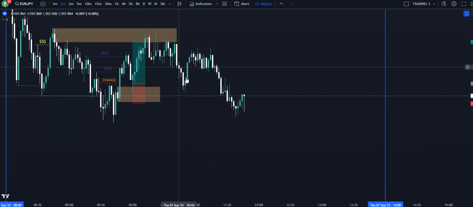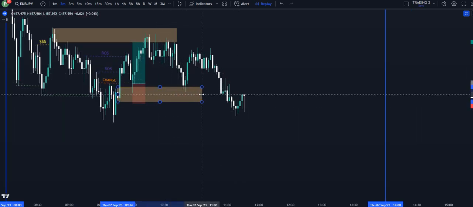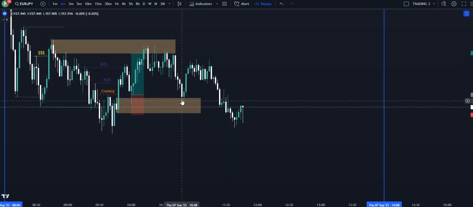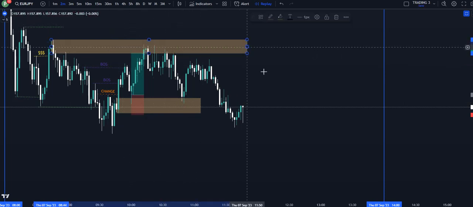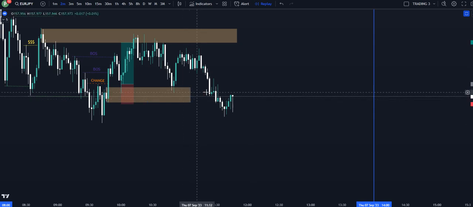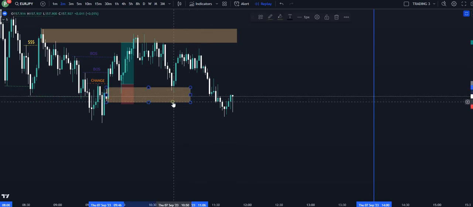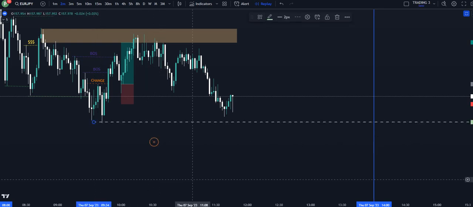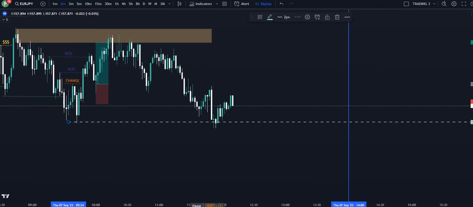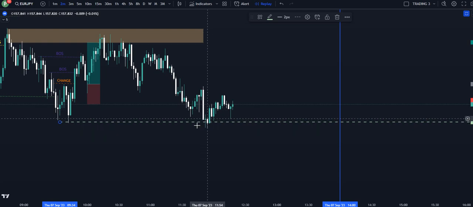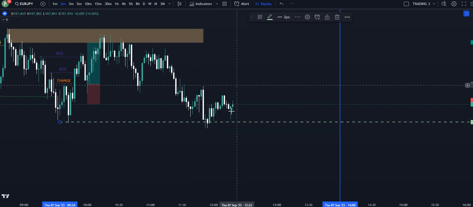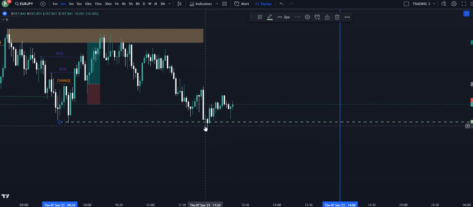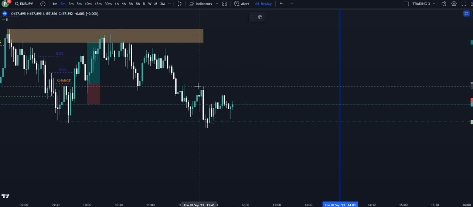Okay, so we came back down into this order block, and you see that we failed to displace even higher. So we failed to take even higher in this particular case, and then we broke structure. So we took this out. Okay, now let's take a look at what's going to happen here. So we came up and took liquidity here. Now we're going to be pushing higher, and then we want to see this breaking out.